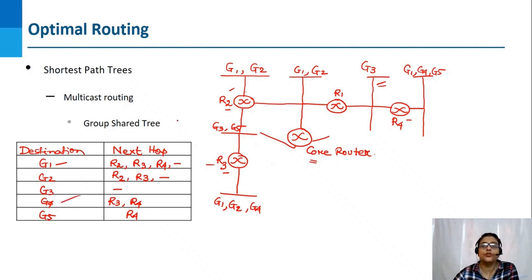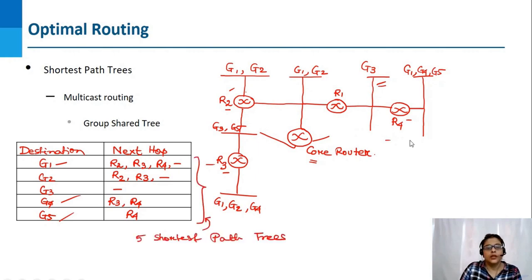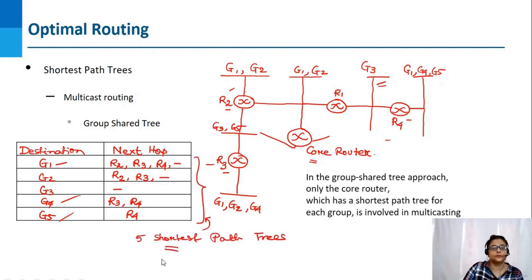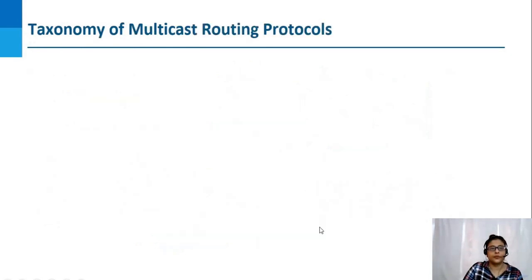If it wants to go to G4, then it can go via R3, or it can go via R4. And for G5, it can go via R4. So we have here 5 shortest path trees. In this group shared tree approach, only the core router will have the shortest path tree for each group that is involved in multicasting.